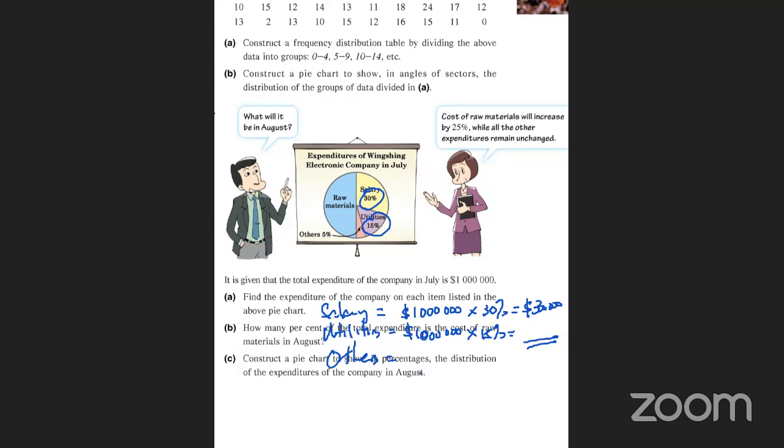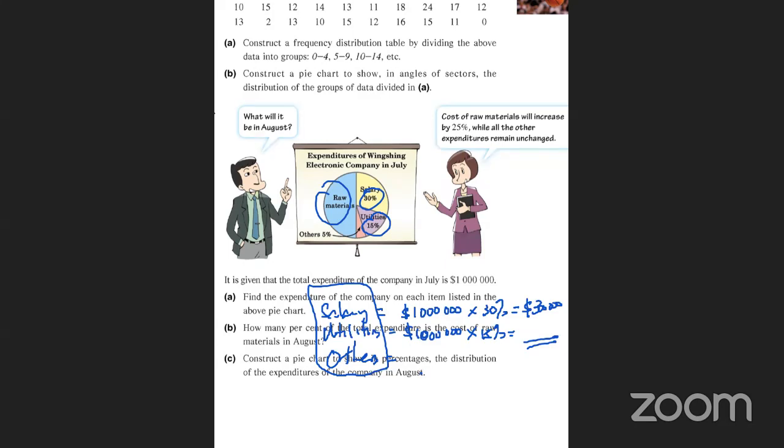And then after you have found these three, how can you find the money spent on raw material? The percentage is not stated here. How can you find it for raw materials? Do you know the percentage for raw material?